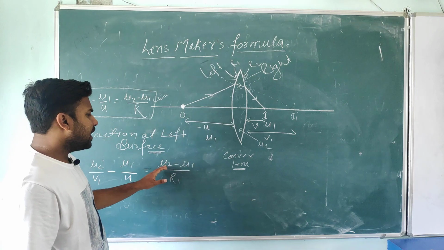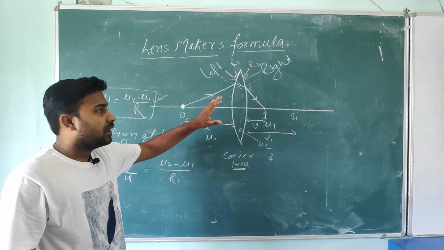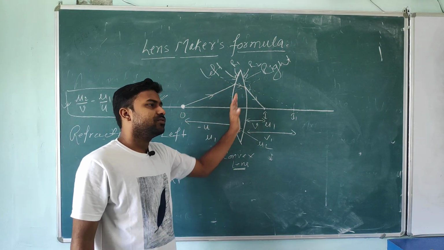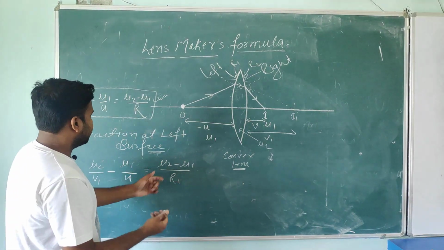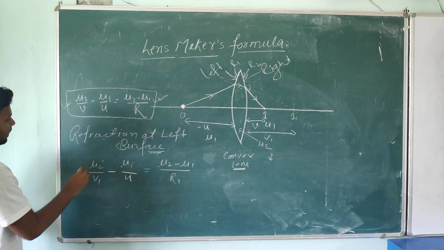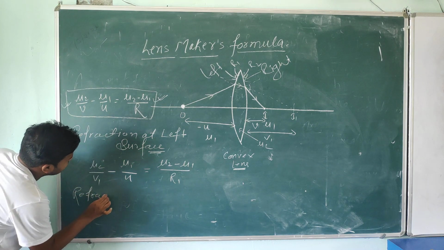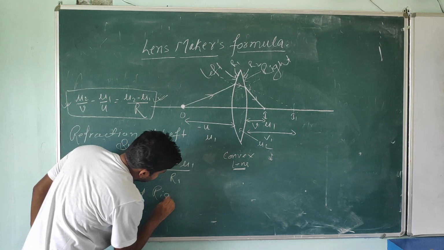Okay student, why am I writing here mu2 minus mu1? Because this refraction is happening at this surface and light is coming from a rarer medium going to a denser medium, that's why. Otherwise we would switch this. Now I am assuming the second case, refraction at the right surface.